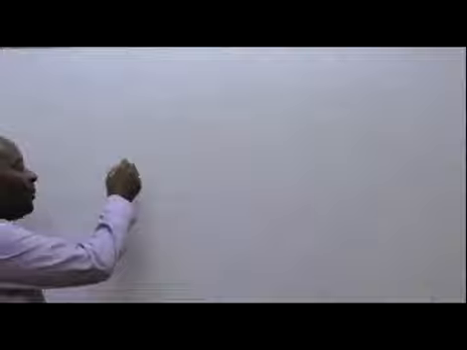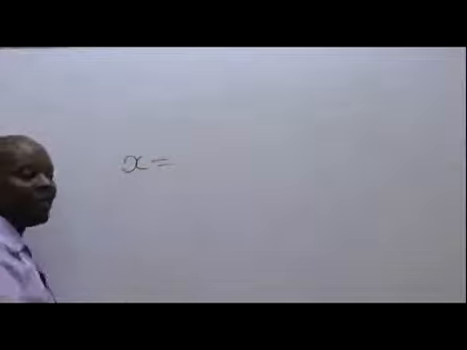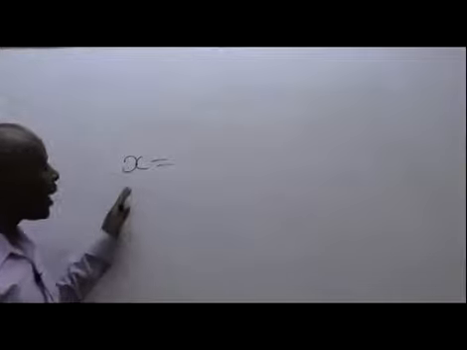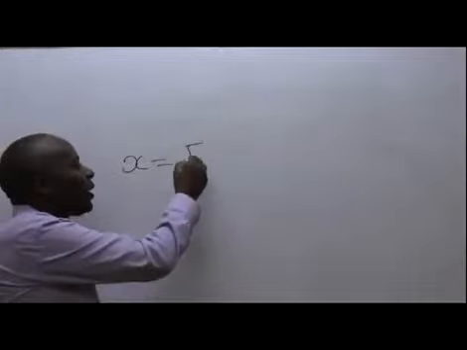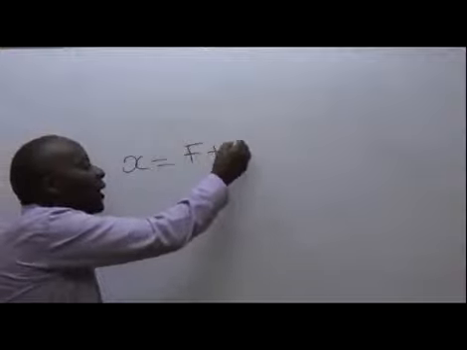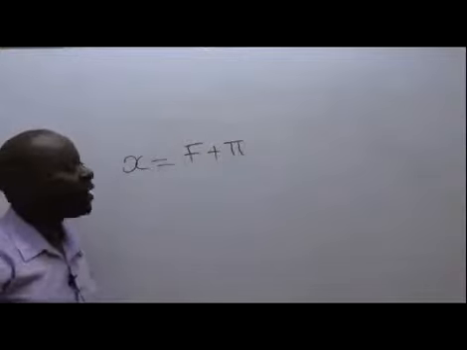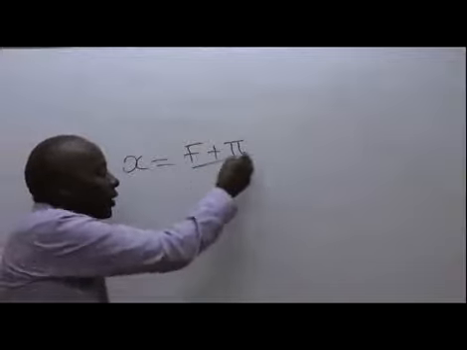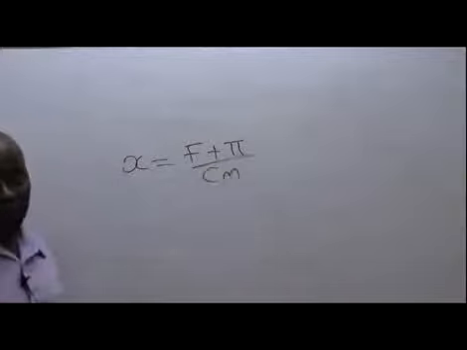The very best, for any targeted profit, not for break even, is that the quantity should be fixed cost plus the profit that you are targeting, all over contribution margin.